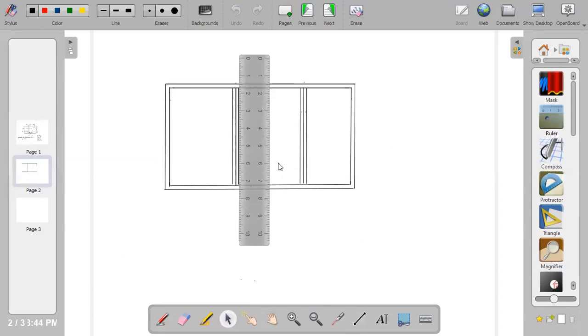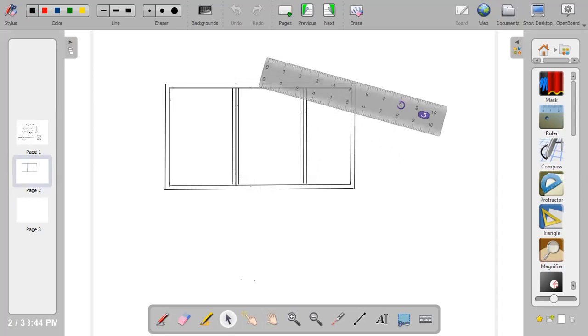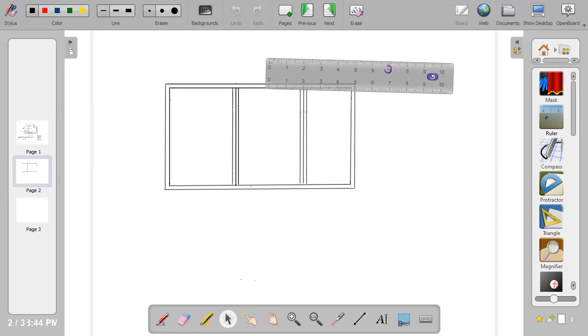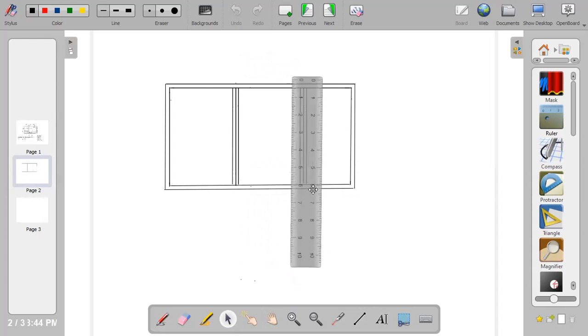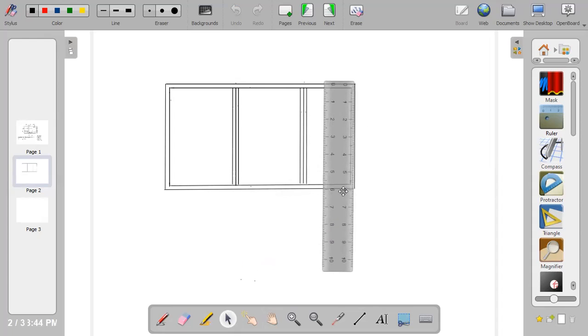I'll still pick my ruler. Let me just move it straight down. Place it on the external wall where you have 6,000. Mark out division 3, like you have seen.